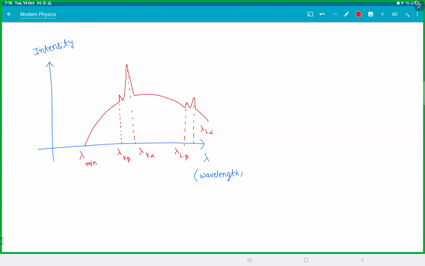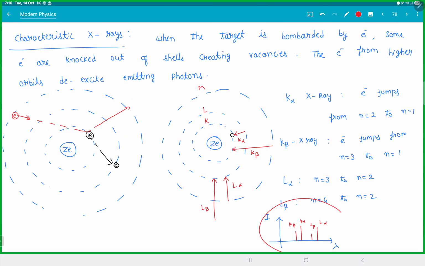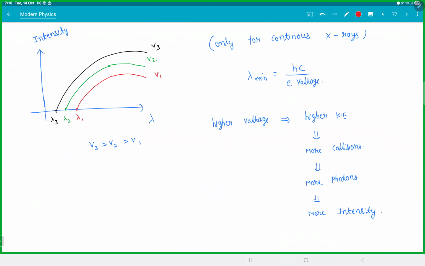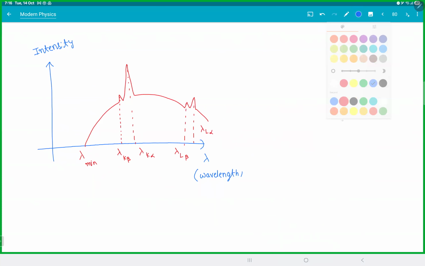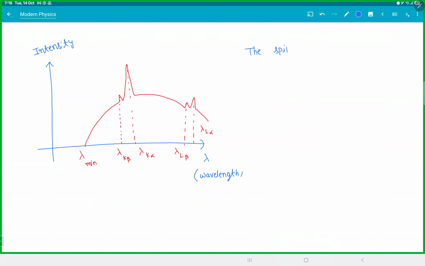So the spikes here represent the characteristic spectrum. You're adding these straight lines plus this continuous graph, and you get spikes. The spikes represent the characteristic spectrum.